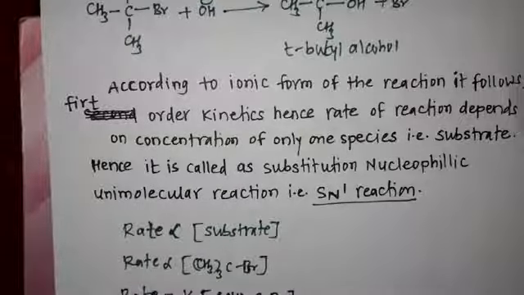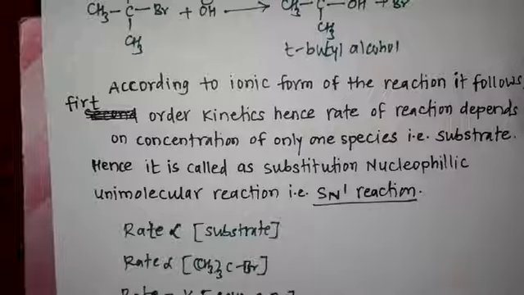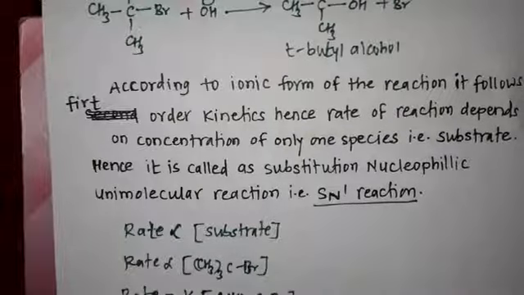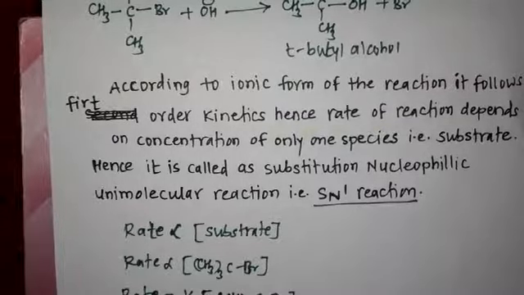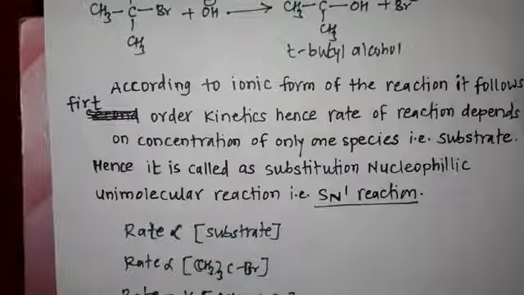From this rate equation, the nucleophile does not influence the rate of reaction. In this rate equation there is no concentration of nucleophile, which means the concentration of nucleophile does not interfere with or affect the rate of this reaction.